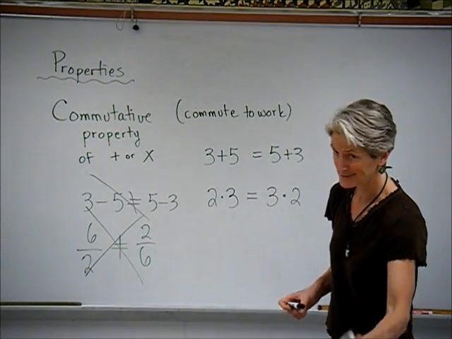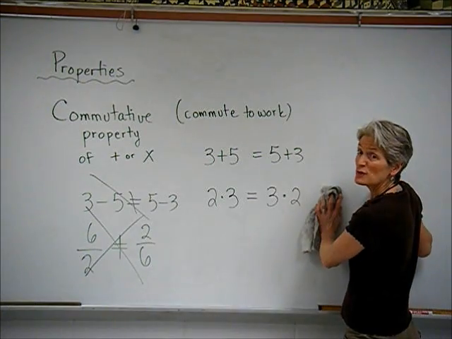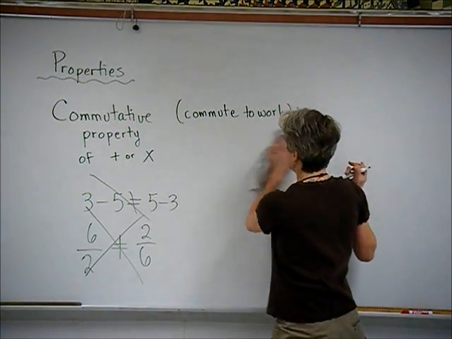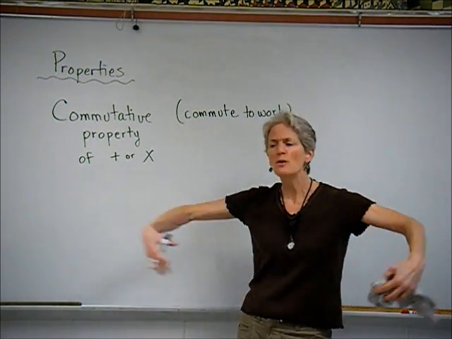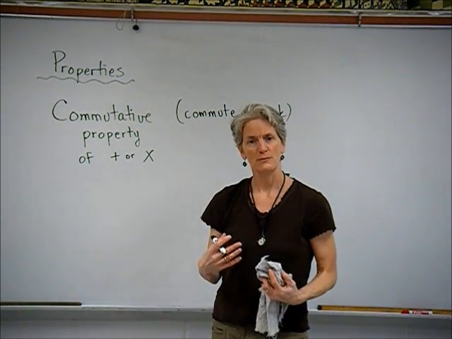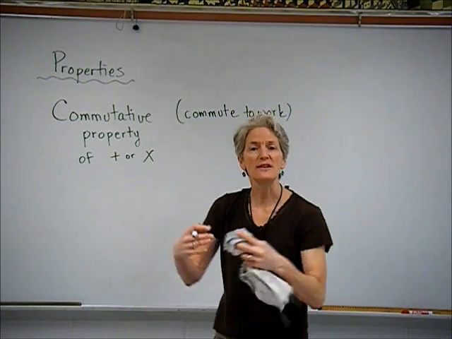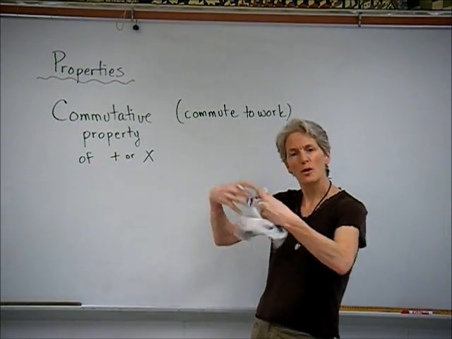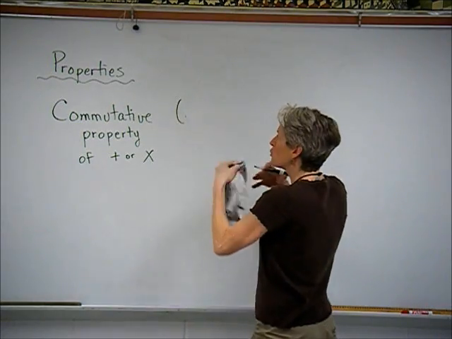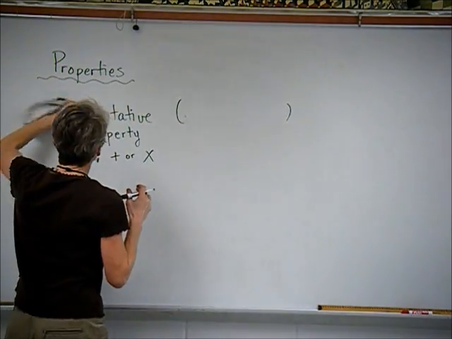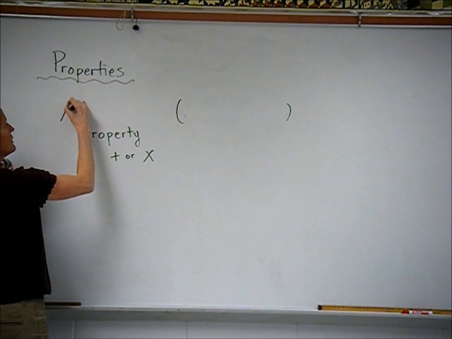So far, so good? All right, let's do associative property. When you associate with someone, you are in a group with them. When you get to work, your associates are the people who are in your group, in your workplace. When you associate, you're in a group.